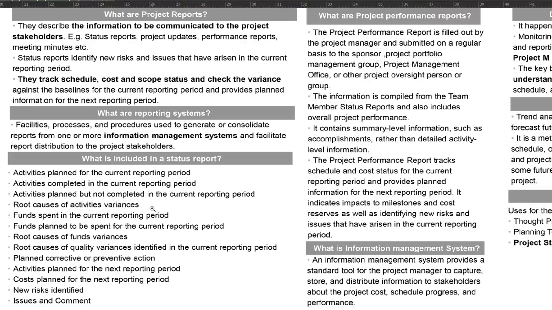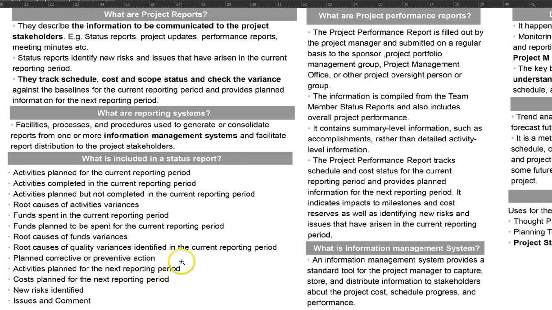With respect again to the baseline. Funds spent, how much money we spent during the current reporting period. How much money do we plan to spend in the current reporting period? Root causes of the funds variance, root causes of the quality variance, root causes of the scope variance, the schedule variance.